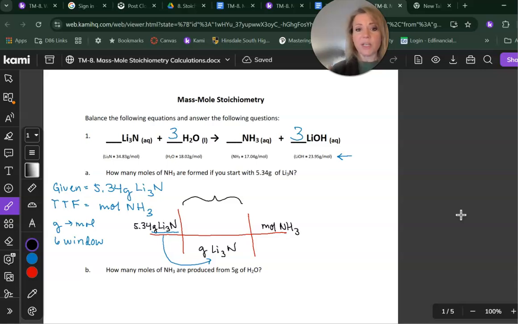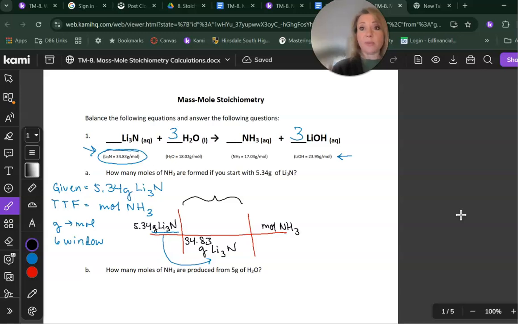This middle section has to be the molar mass because I've got grams at the bottom. Where do we find the molar mass? I calculated it for you. So find the molar mass of Li3N up here. It's right underneath the compound. And I have it as 34.83 grams.